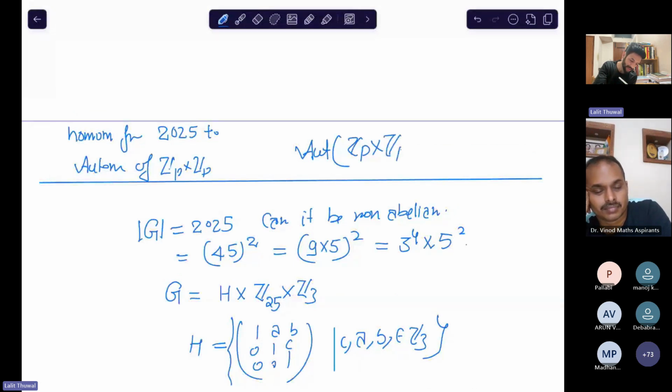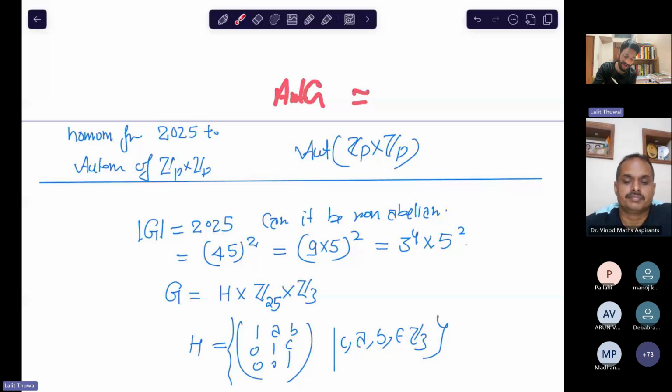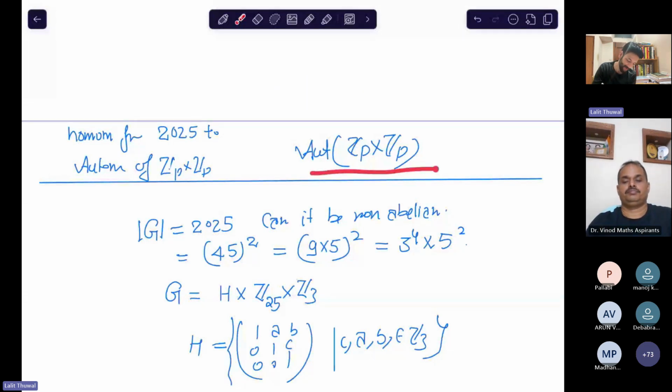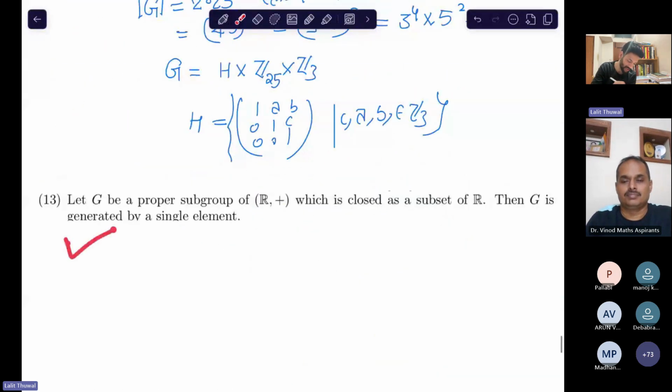I'm running short of time, so we are running over. The automorphism group of an abelian group can be non-abelian. So the homework is to find the automorphism group of Zp cross Zp, where p is a prime. I think we should stop here.